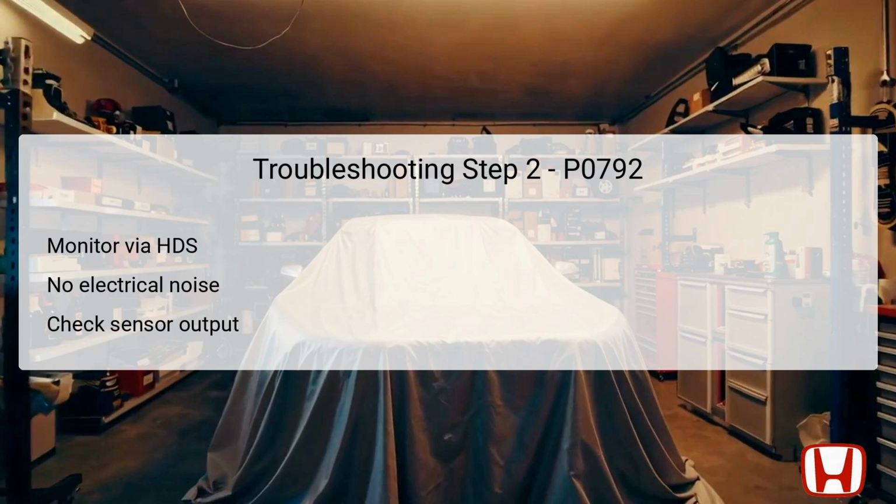In the second troubleshooting step, utilizing the HDS, Honda Diagnostic System, is essential to monitor the vehicle systems for any anomalies. The technician must ensure that there is no electrical noise in the CVT drive pulley speed sensor output circuit, as electrical noise can lead to misleading sensor readings. Evaluating the output from the CVT drive pulley speed sensor is crucial.